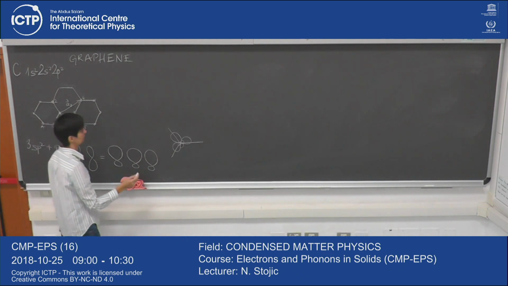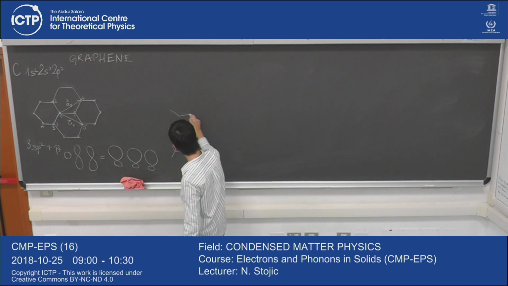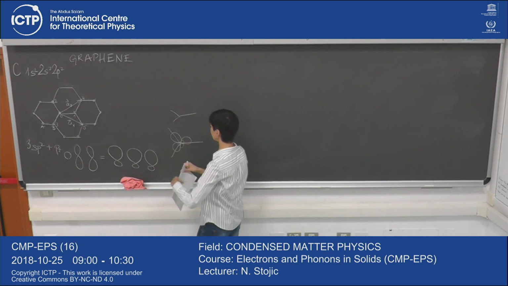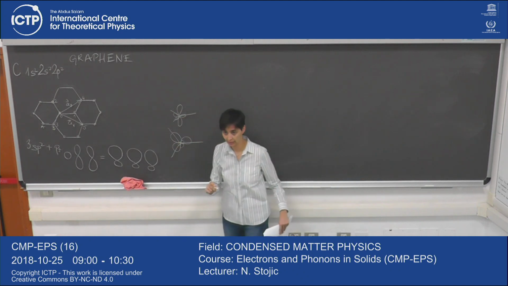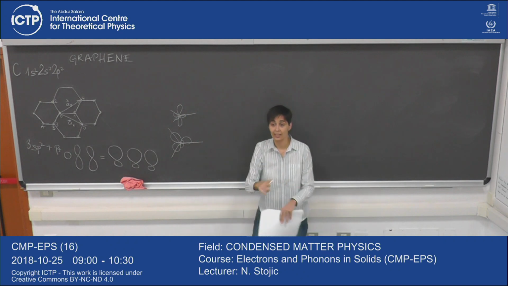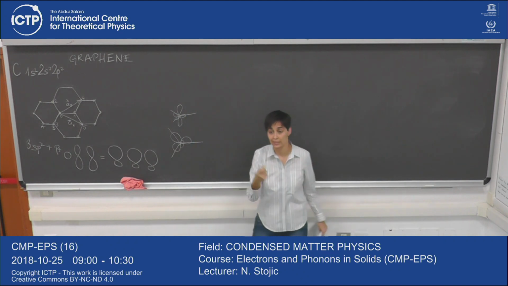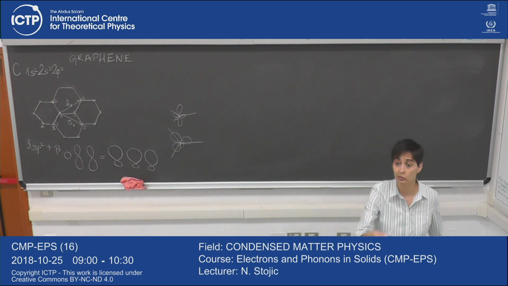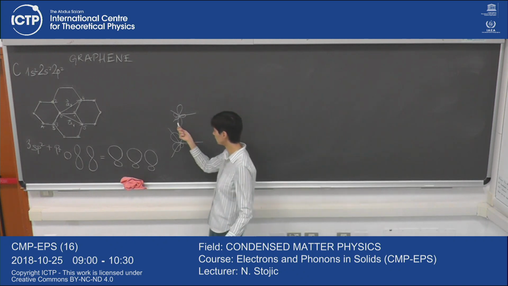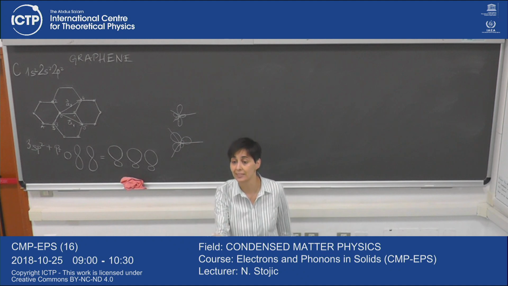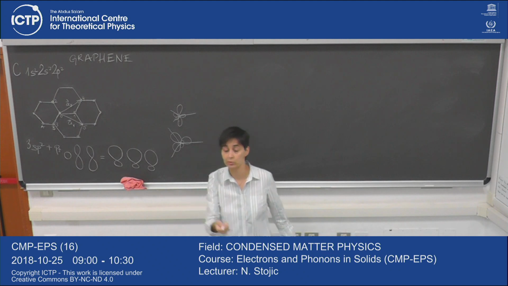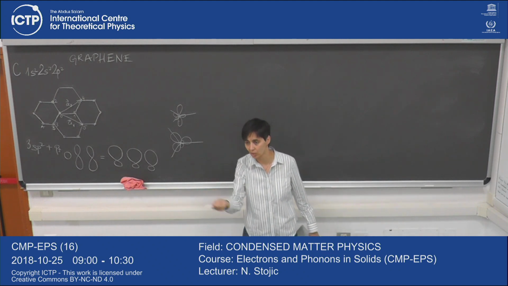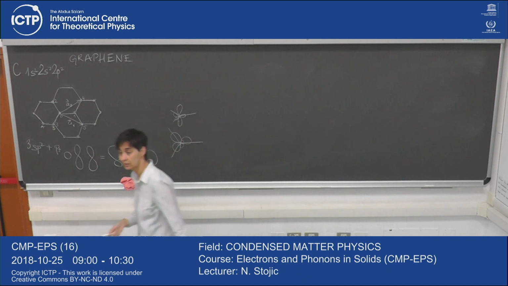If I draw it from an angle, you will have these in plane, and then 1 pz orbital going out of plane, which will possibly bind to some other species. This is the valence state, responsible for the particular properties close to the Fermi energy, which we will derive, because graphene has a very particular dispersion.